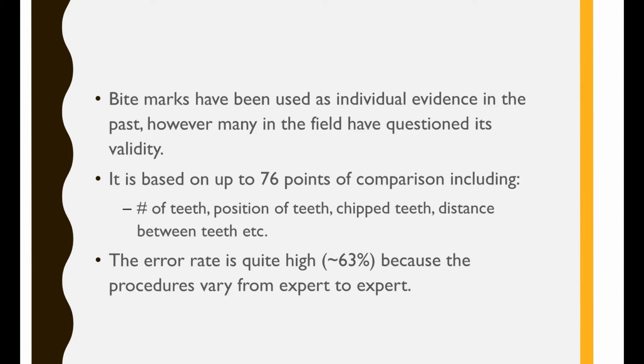So in terms of what kind of evidence it is, there is some controversy. Bite marks have been used as individual or exact evidence in the past, but because there are so many ways that you can do this analysis, a lot of experts in the field have started to question how valid this kind of evidence is. So technically it can be individual evidence.